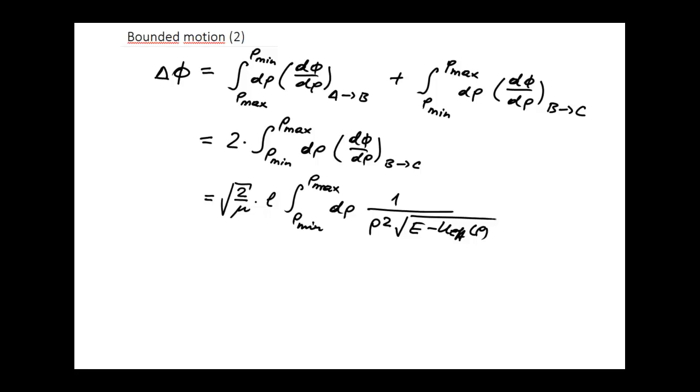So here you have an explicit formula for this precession angle delta phi, modulo multiples of 2 pi.